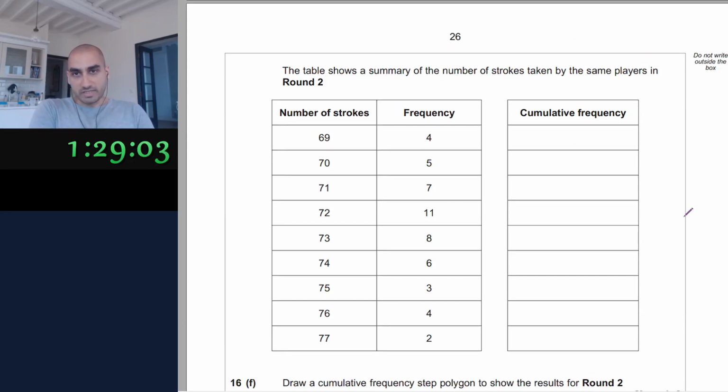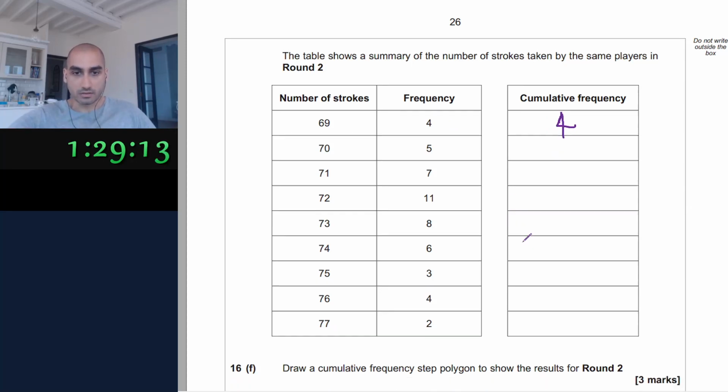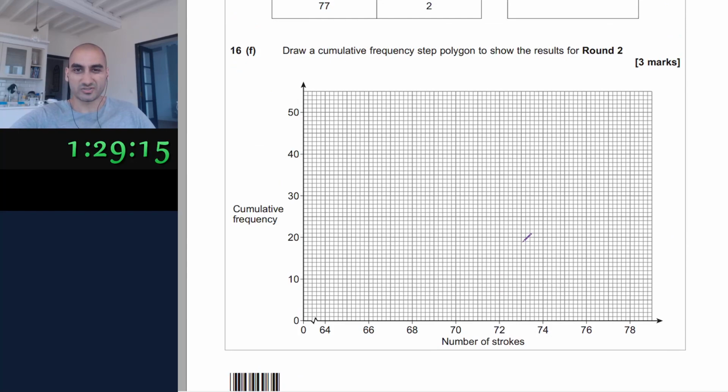Summary of the number of strokes taken by the same players in round 2. Cool. So we need to fill this table out. Oh no, we have to draw this. Okay.